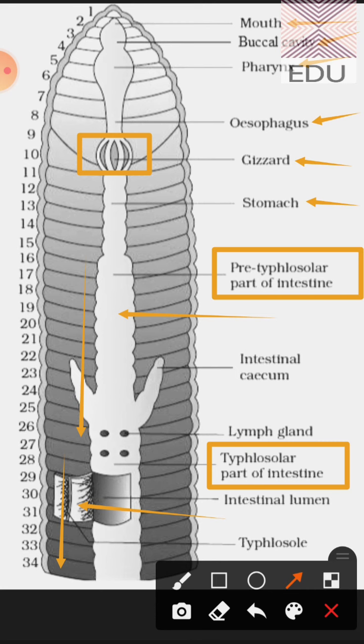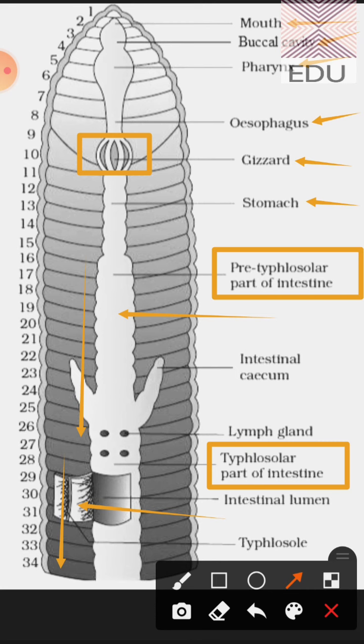One thing which should be mentioned over here is that the post-tiflosolar part, the last 25 segments, is also called the rectum. That part stores the feces for some time before they are egested out.